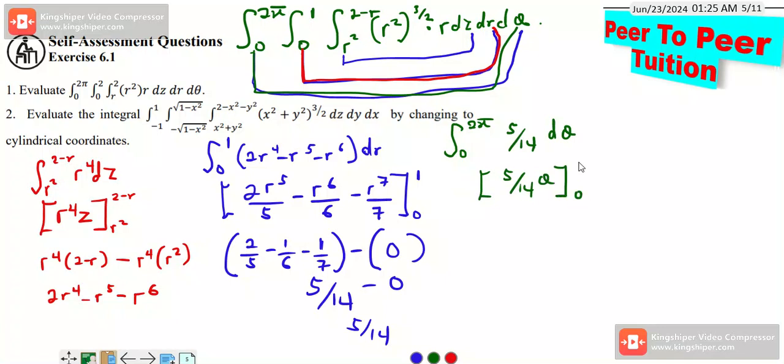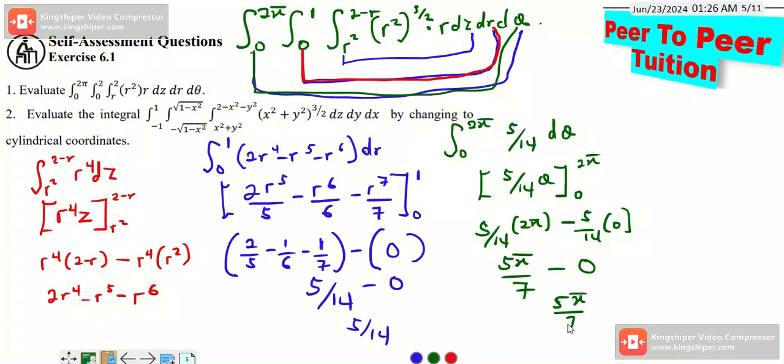I'm integrating from 0 to 2 pi, and that is giving me 5 on 14 times 2 pi minus 5 on 14 times 0. So the final result is, 2 will cancel 14, 7, so I'll have 5 pi on 7 minus 0, and the final result is 5 pi on 7. So that is the solution to this question.